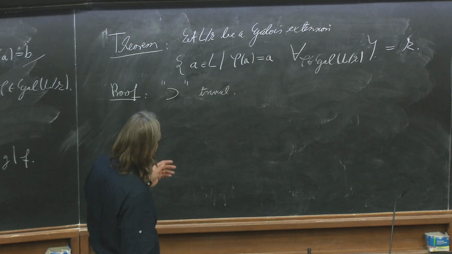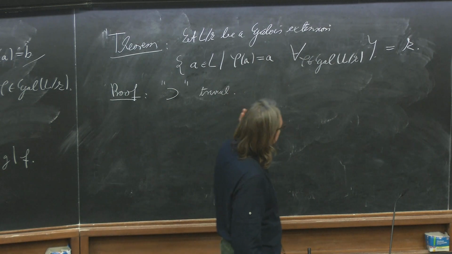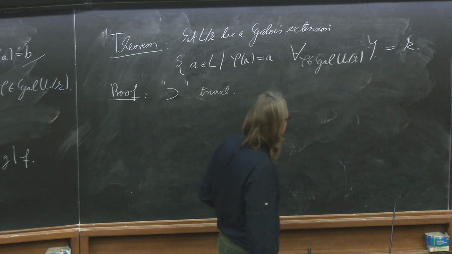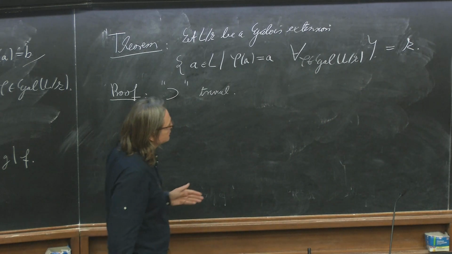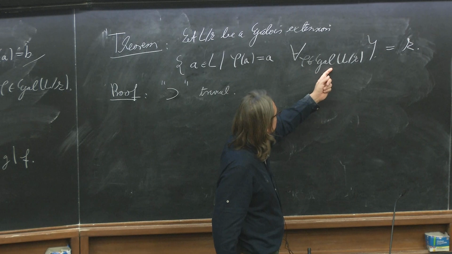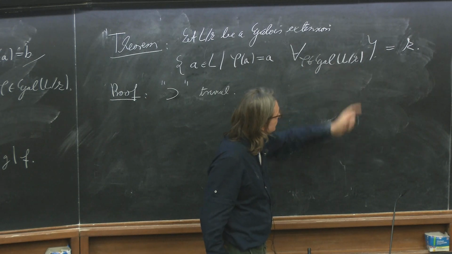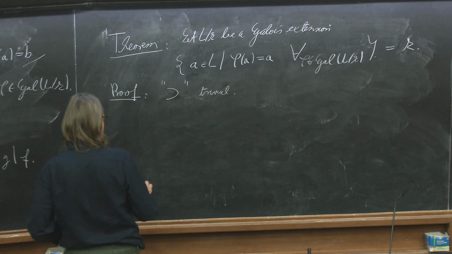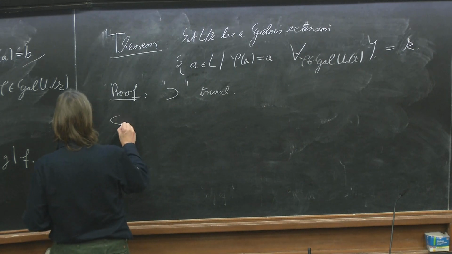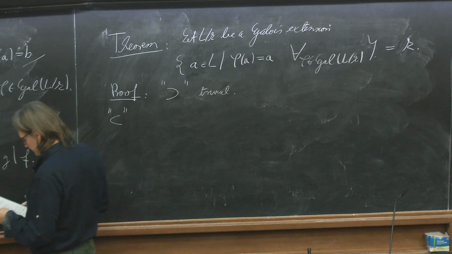Because obviously, every element in K is invariant under the Galois group, because the elements of the Galois group are precisely those automorphisms of L which are the identity on K. So that's by definition. Now let's look at the other direction.